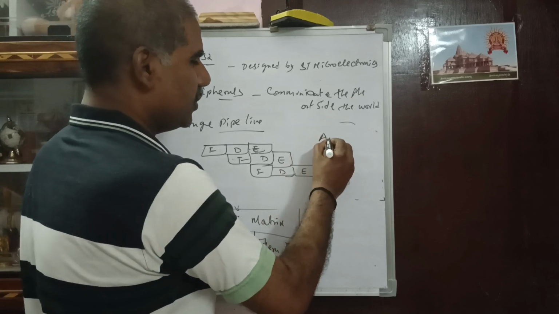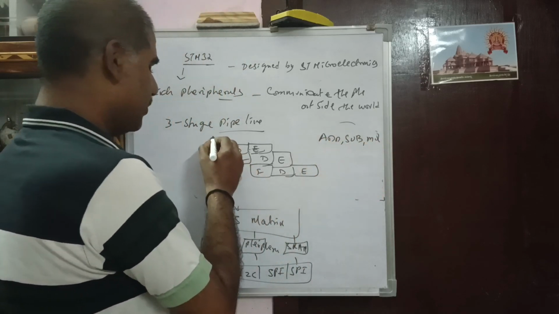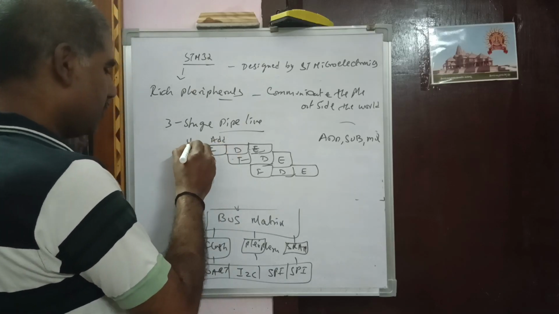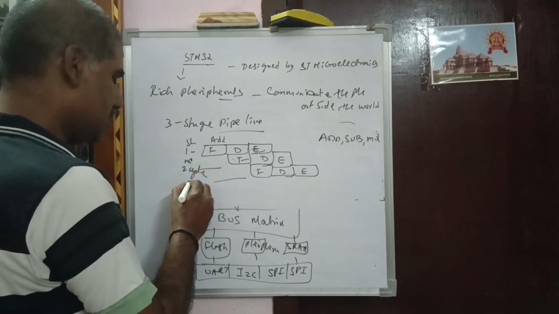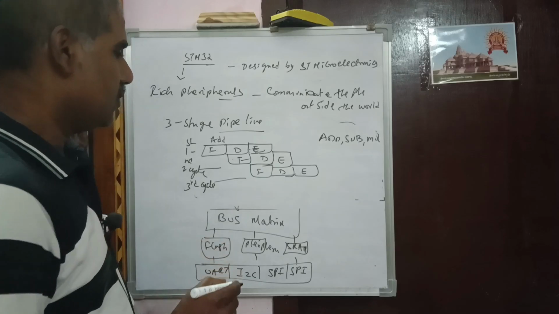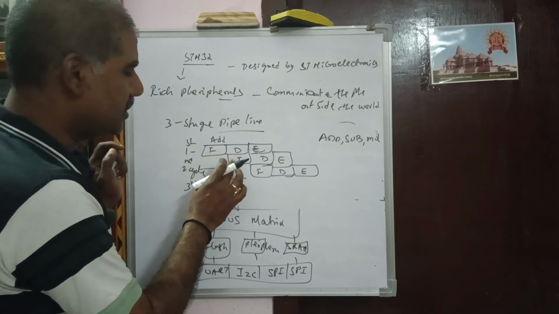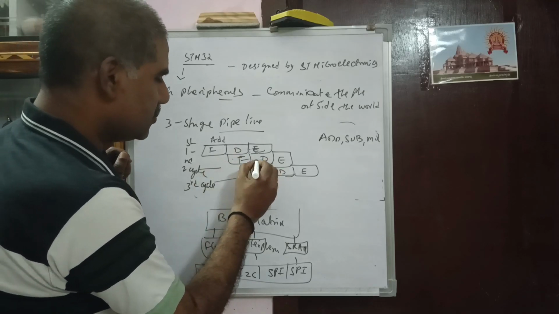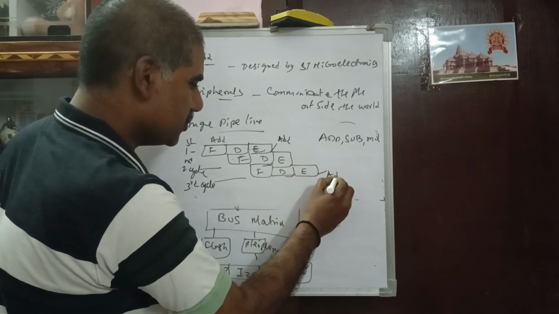If we take 3 operations, addition, subtraction as well as multiplication. This is the first cycle, the second cycle, and the third cycle. In the first cycle, the addition is fetched. In the second cycle, the addition is decoded. In the third cycle, the addition is executed.